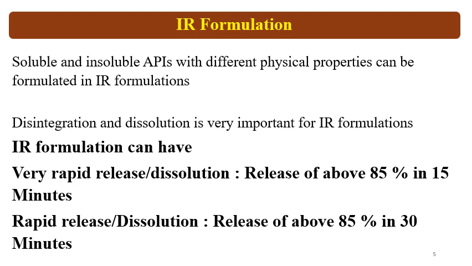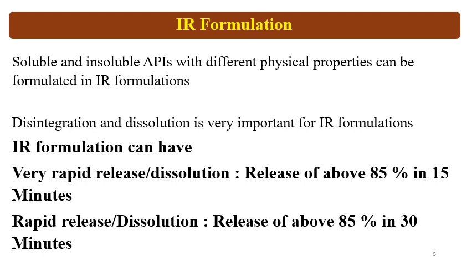For immediate release formulations, disintegration and dissolution is very important. Otherwise, if the disintegration and dissolution gets delayed or modified, then it will not be an IR type of formulation. IR formulations can have very rapid dissolution or rapid dissolution.